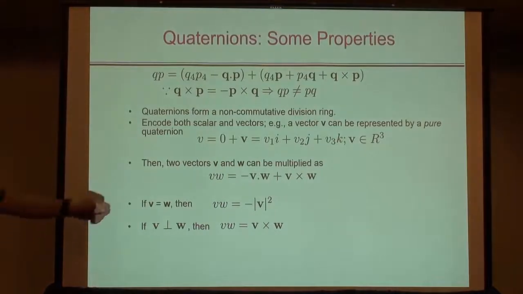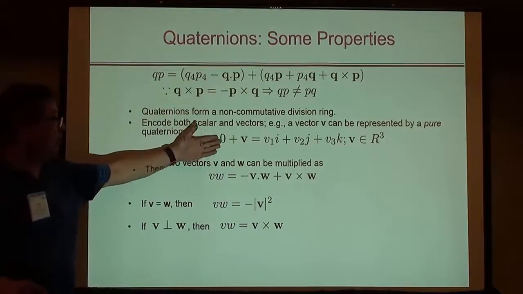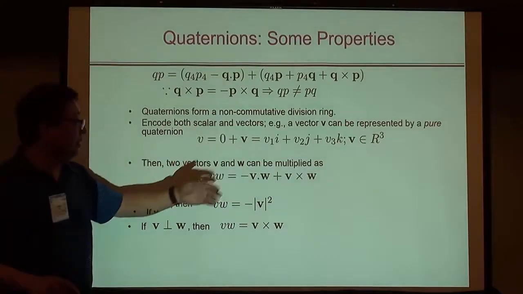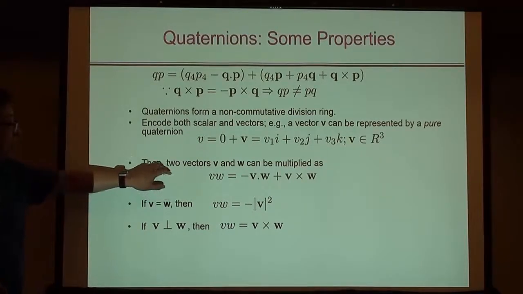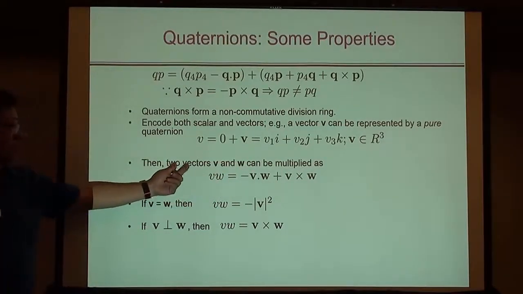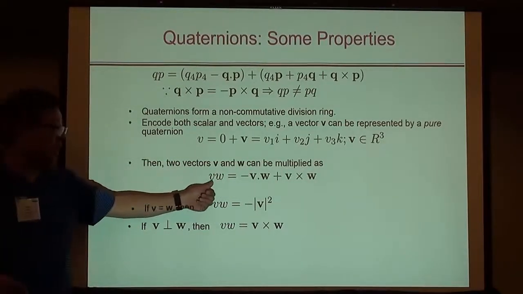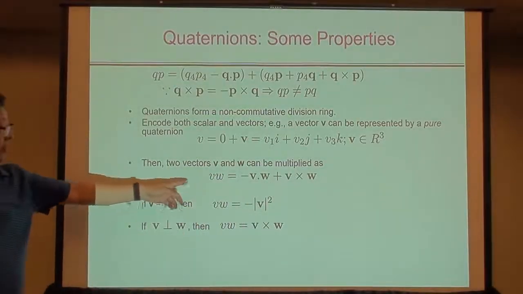And once again, we can have a scalar component and a vector component as well. Now here it says if we have two vector quaternions and we multiply them, then they can be written in this very nice form.